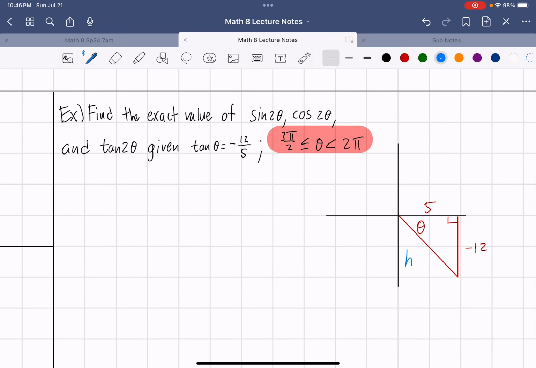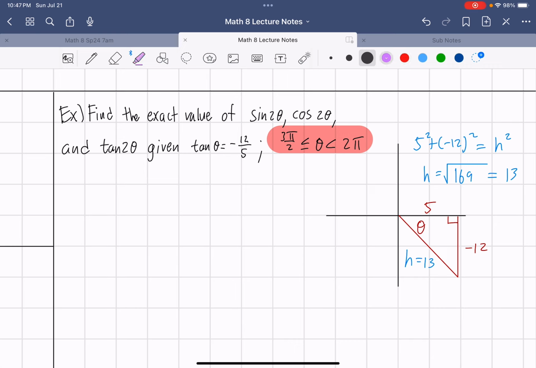Our hypotenuse is just taking 5 squared plus -12 squared and equaling the hypotenuse squared, which would give us the square root of 169, which would be 13. You can plug that into your calculator. I just don't want to spend too much time doing those calculations.